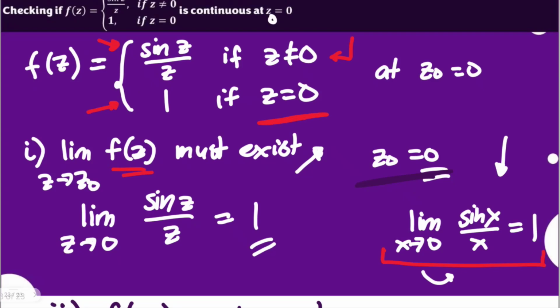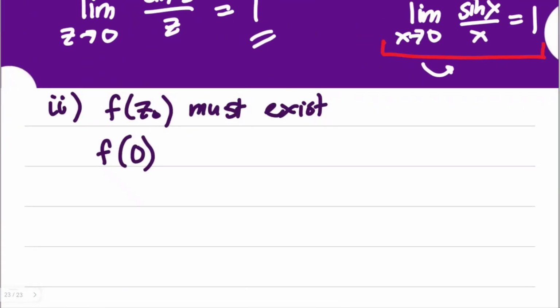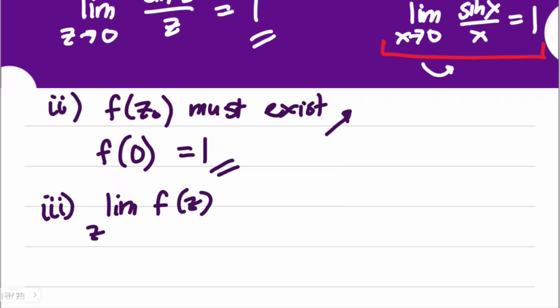If z is equal to 0, automatically the value is 1. No need for substitutions, because based on the definition of this piecewise function, once z is 0, the value is 1. So f of 0 is 1. And since this is a number in the complex number system, the second condition is also satisfied.